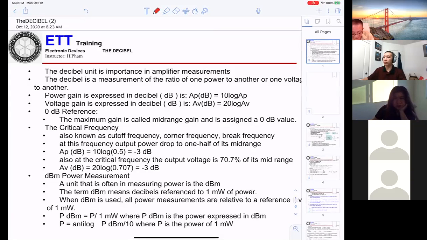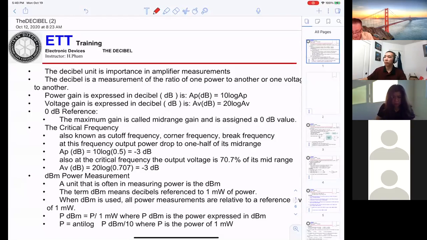At this frequency, output power drops to 1/2 of its mid-range value. A_P in dB is 10 log of 0.5. 0.5 is just a half, and you get minus 3 dB. Also, at the critical frequency, the output voltage is 70.7% of its mid-range.